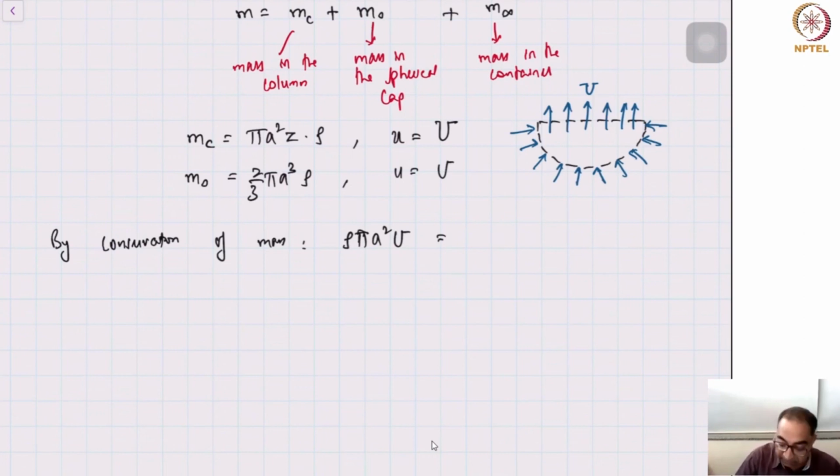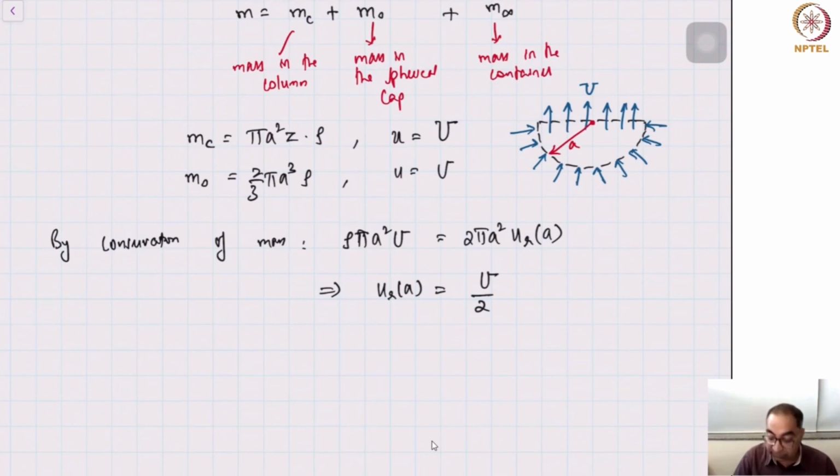And the mass that is entering the spherical cap would be the surface area of the spherical cap, 2 pi a square times UR at a. So we are interested in looking at a spherical cap whose radius is a. And therefore I can say UR at a is nothing but U by 2. Therefore, the velocity at the inlet of the spherical cap is capital U by 2. Fluid is entering the spherical cap at U by 2.